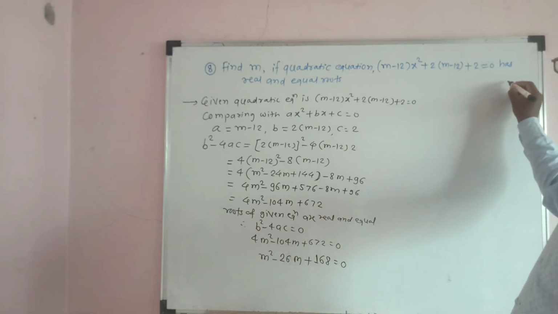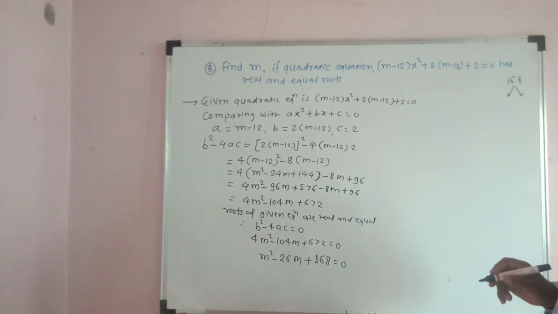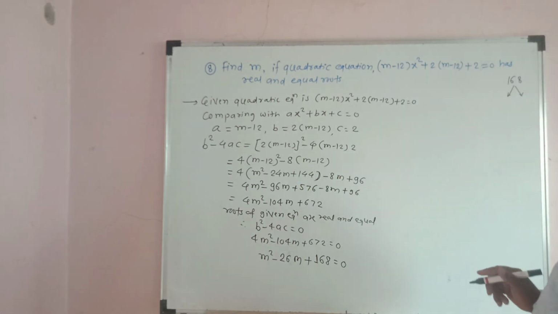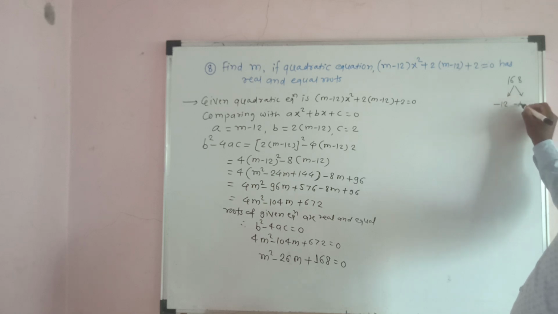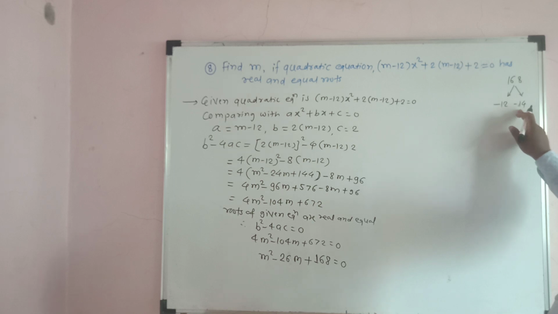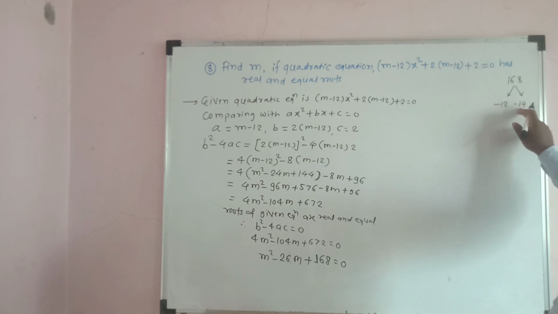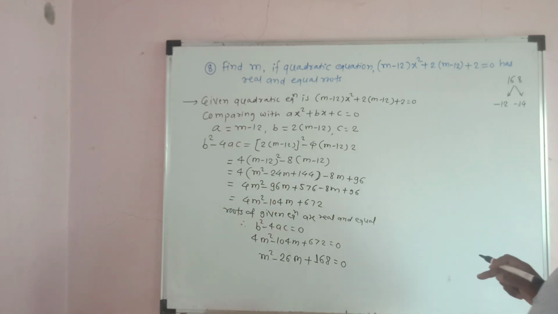Now we have the number 168. Split up this number into two numbers such that their multiplication is 168 and sum is −26. So the numbers are −12 and −14. Their sum is −26, and −12 into −14 is plus 168.